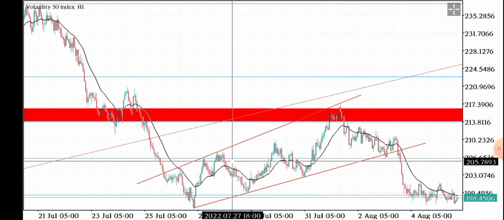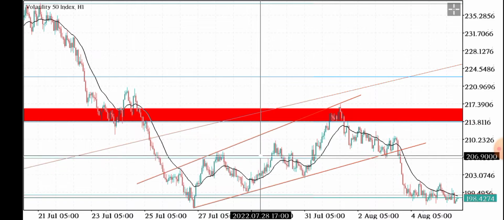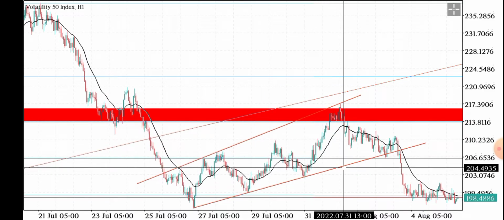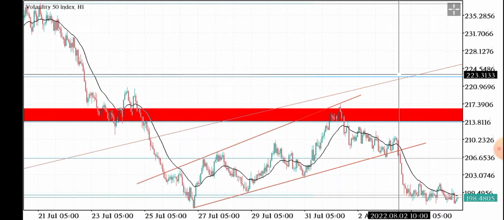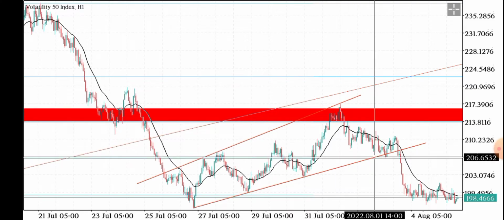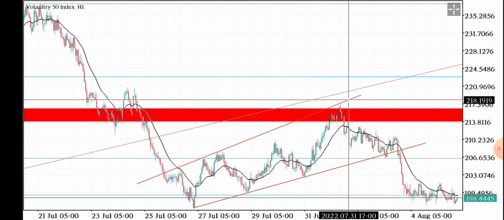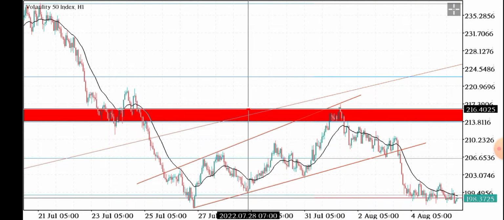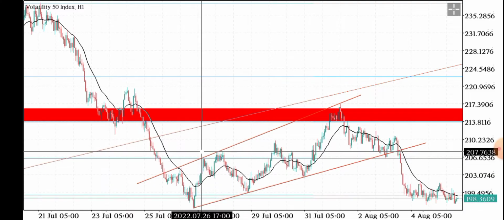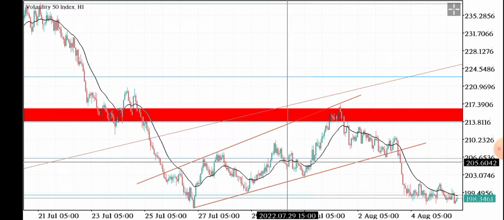The basic knowledge we know is that when price comes to this trend line, we take our buy, then when it comes up, we take our sell. Basic consolidation principle. But I said it has consolidated way too long. You can see the first touch, second touch, third touch, fourth touch, fifth touch, sixth touch.